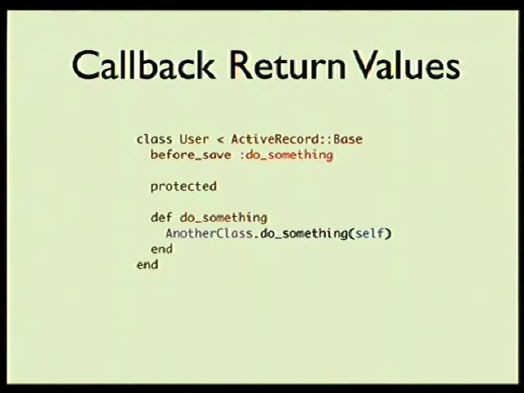People don't attempt to do this the wrong way, but the most common case I see where this goes wrong is they call something else in the callback as the last line. By the nature of it being the last line, it returns whatever that call returns. So if that other class, maybe an external service, returns false, it's going to terminate your chain. It might be a little difficult to diagnose that.